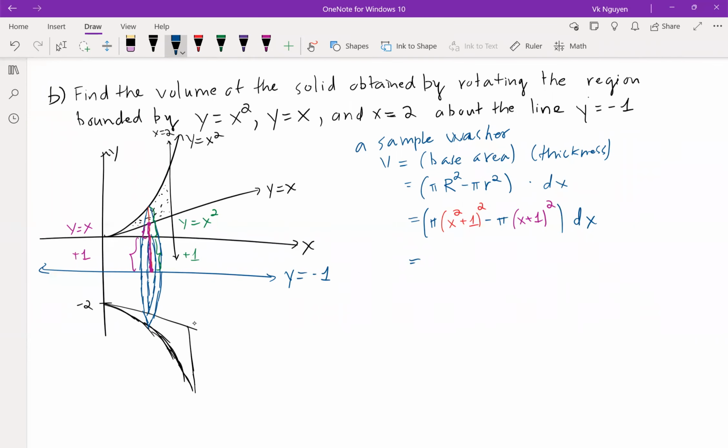Simplify this, then we have a pi and pull it out.